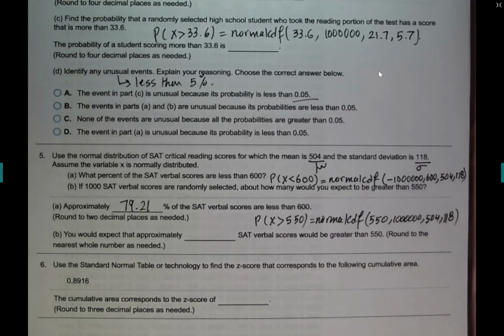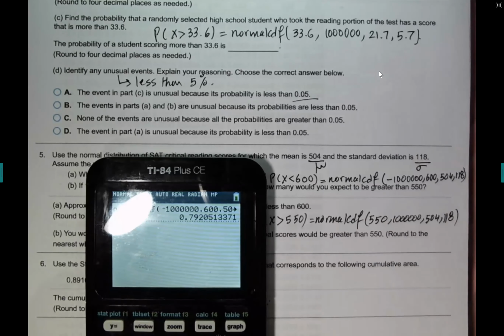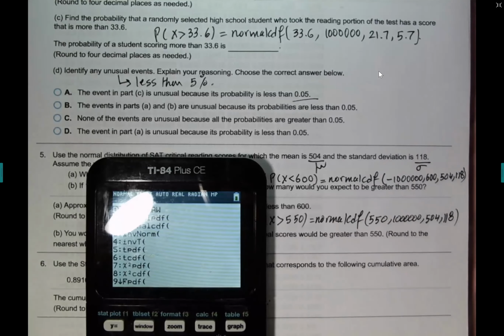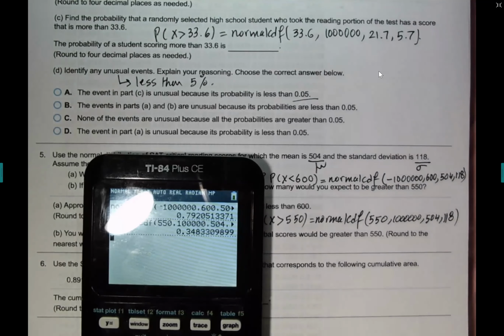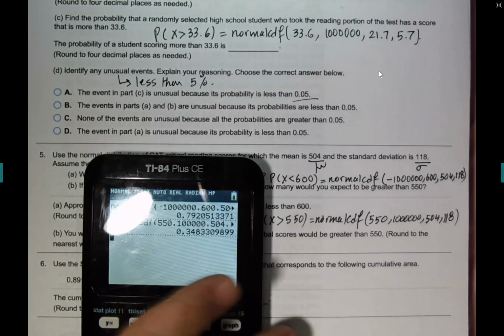In order to figure out how many out of the 1,000 will have an SAT score more than 550, we need to find this probability. And here's the probability, guys. So you go second distribute, normal CDF, 550, 1 million, and no change to the third and the fourth. Okay, guys, 0.3483.